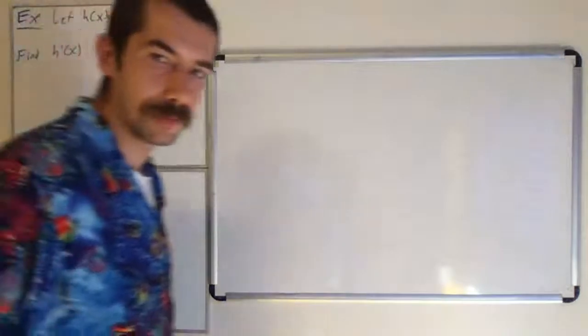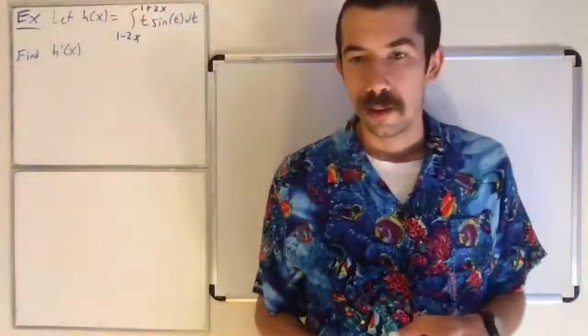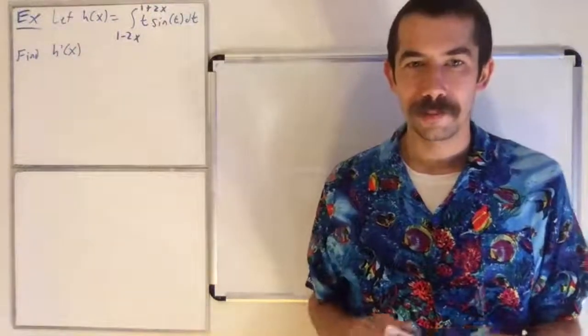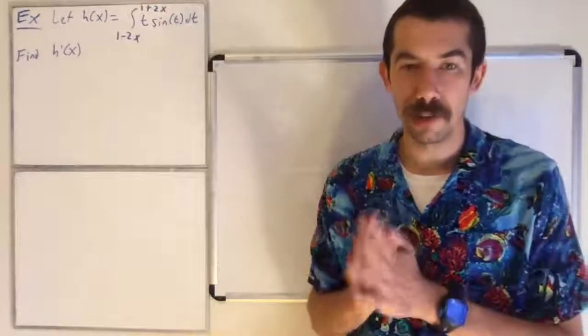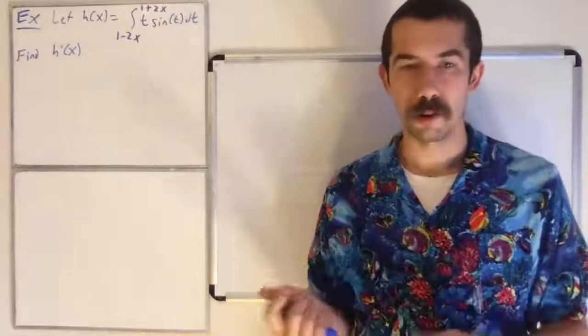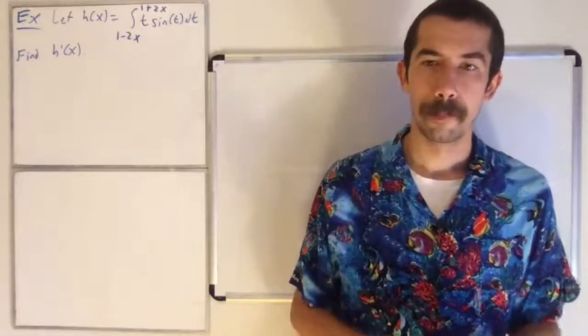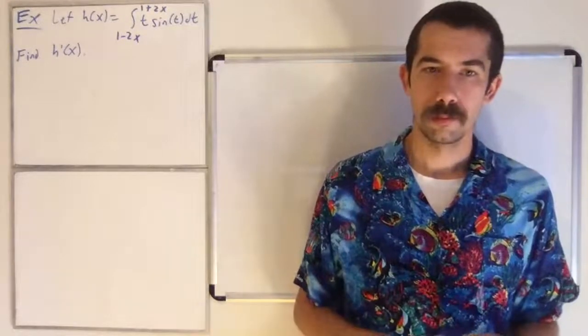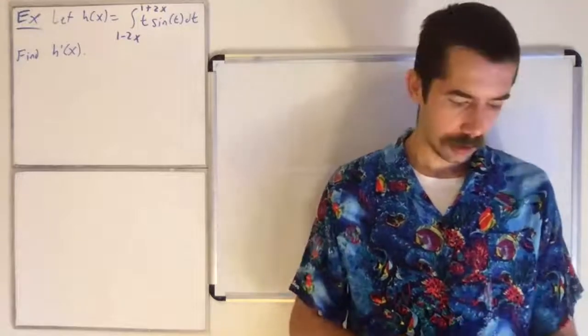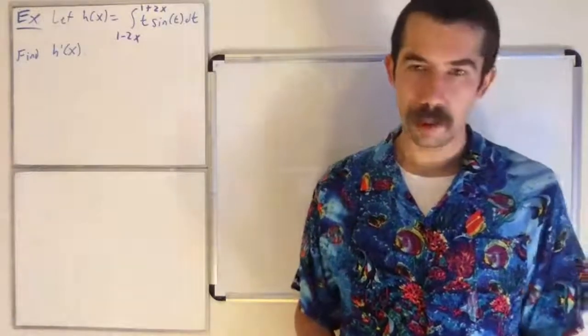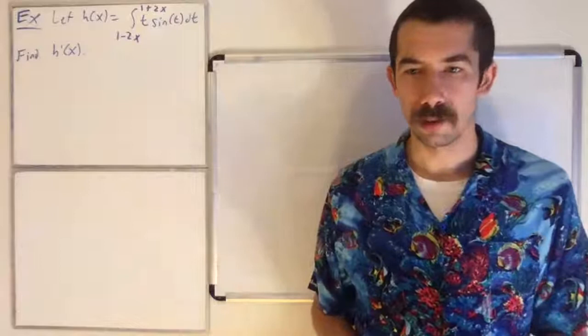Which theorem do we use in order to find the derivative of an integral? So that's the question. What theorem do we use to find the derivative of an integral?